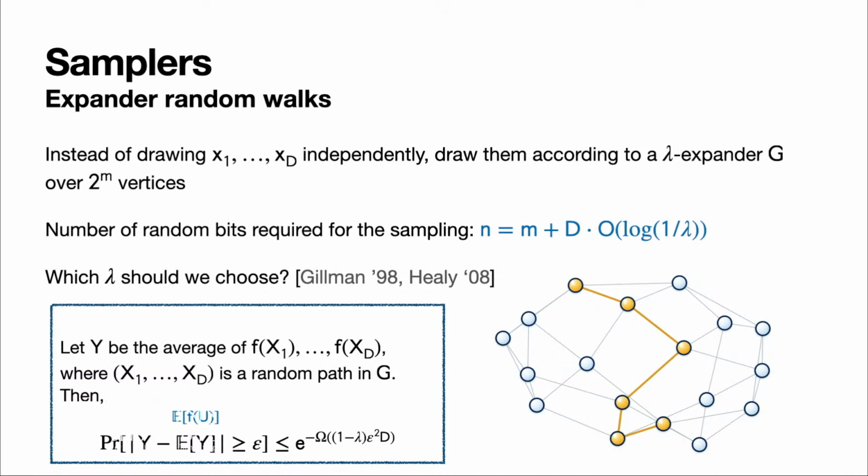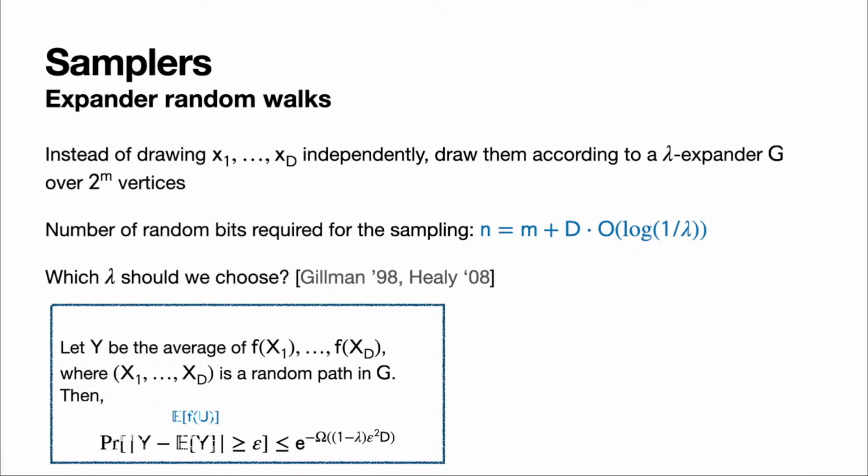We get the exact same Chernoff bound concentration, but we have this lambda here, and if we take lambda to be constant, and the expander to be of constant degree, it's essentially harmless. So if we play around with parameters, this is what we get.